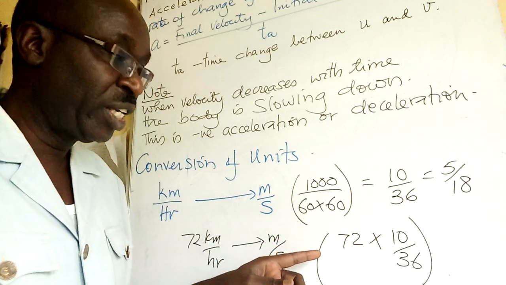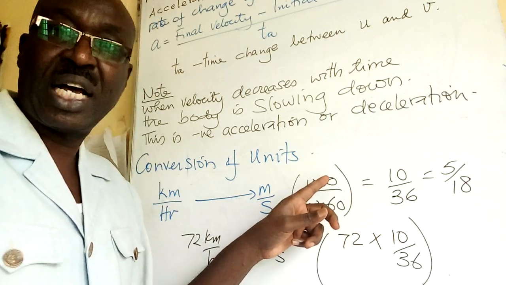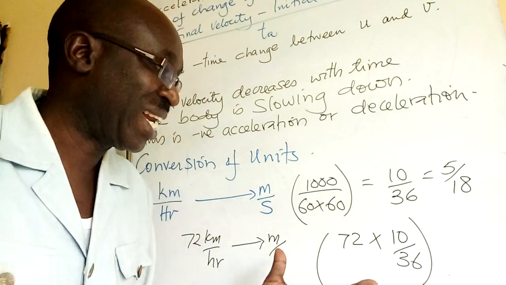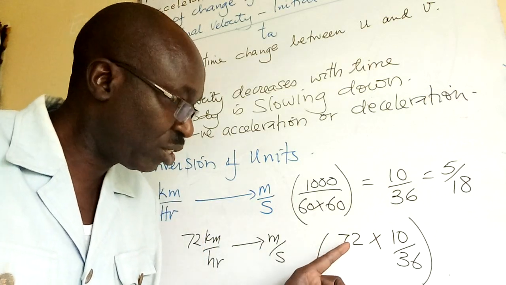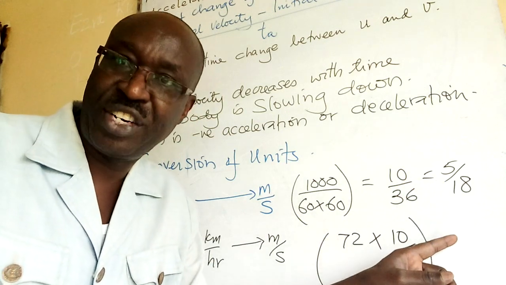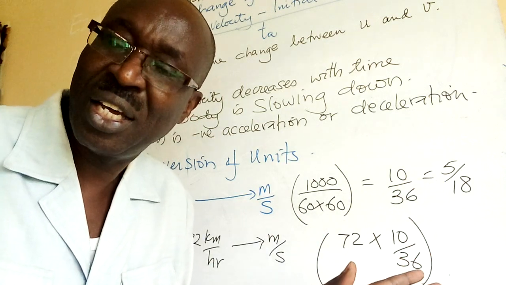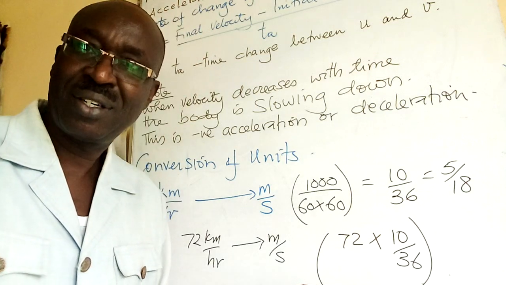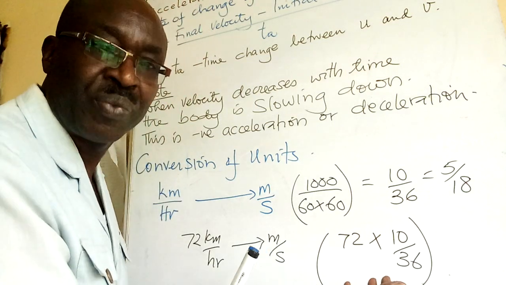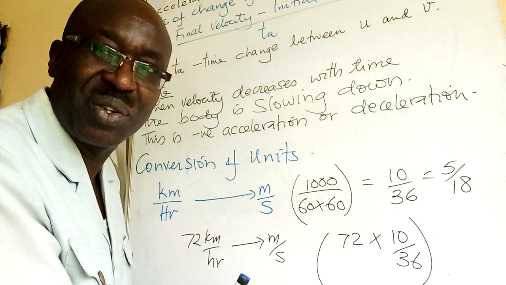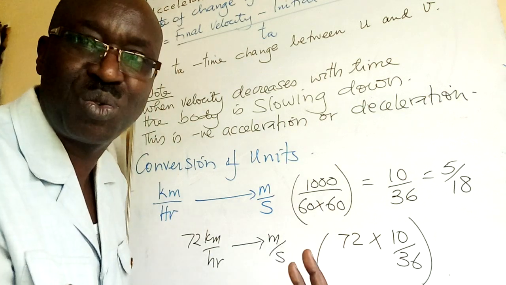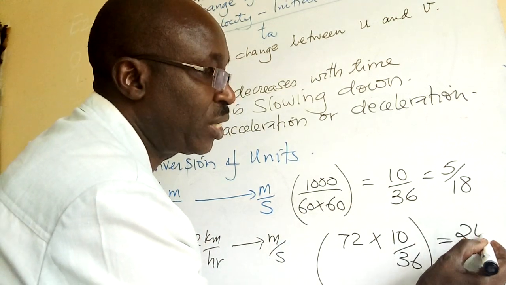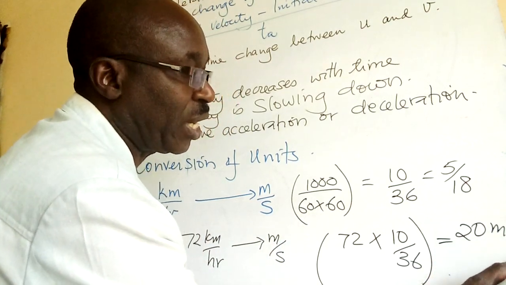Another student will take 72 times 1,000 over 3,600. You are correct. Another student will take 72 times 5 over 18. He or she is very correct. Then what does it give me? I picked 10 over 36 because I know 36 goes into 72 twice. It becomes easy. So this gives me 20 meters per second.